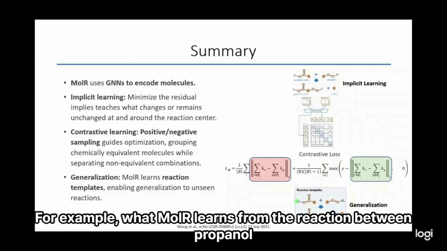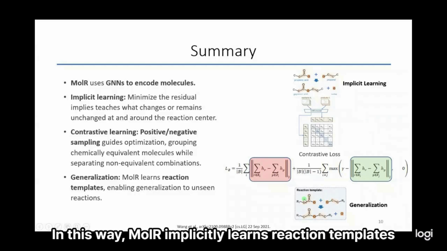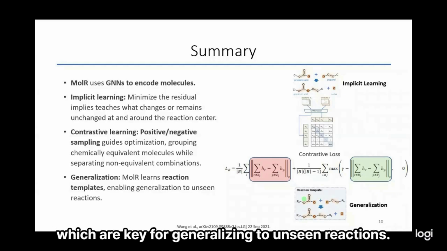For example, what MolR learns from the reaction between propanol and propionic acid can extend to alcohols and carboxylic acids. In this way, MolR implicitly learns reaction templates, which are key for generalizing to unseen reactions.